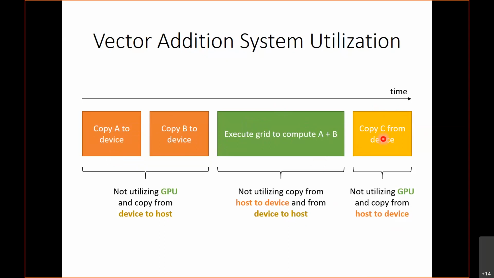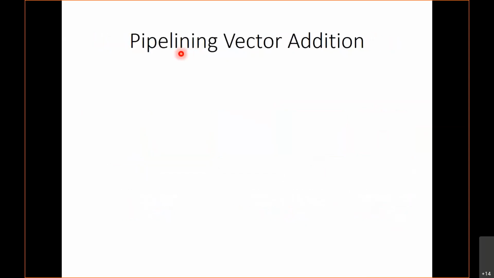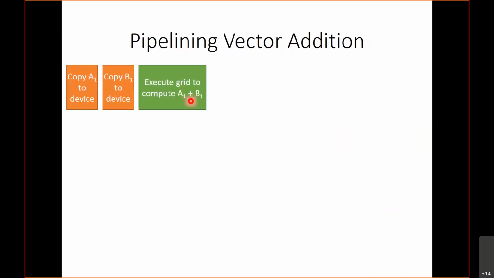So in other words, what we can apply is pipelining. We can pipeline vector addition like this. We can divide A and B and C into segments. I can copy the first segment of A and B to the device. And then when the first segment of A and B is on the device, I can execute a grid to compute the first segments, A1 and B1. In the meantime, I can also be copying the second segment, A2 and B2, from the host to the device.